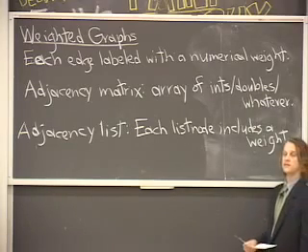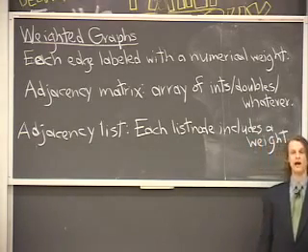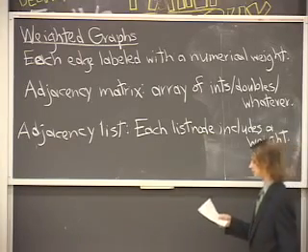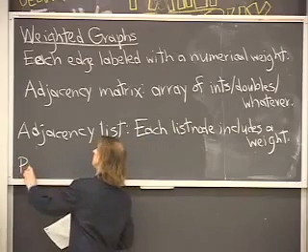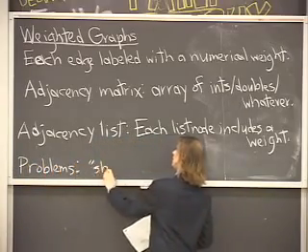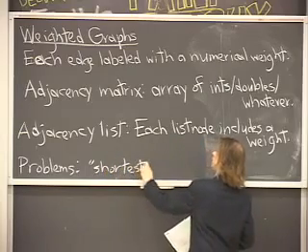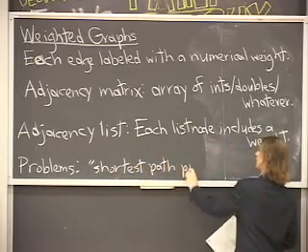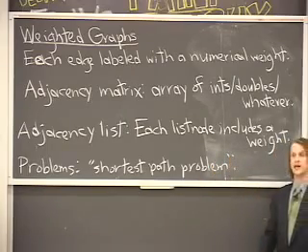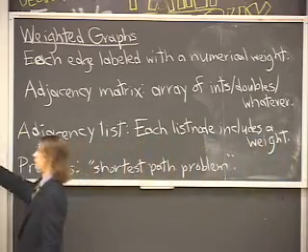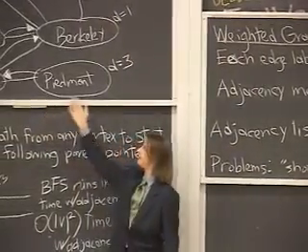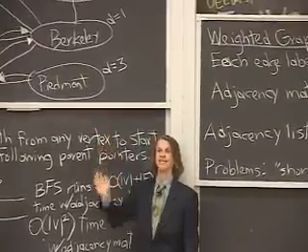Now, there's lots and lots of different problems you can study on weighted graphs. And if you take CS170, you'll study a bunch of them. Two of the most common problems are what are called the shortest path problem. We actually just studied a very simple version of the shortest path problem, when the weight of every edge is 1, and you just want to find the path with the fewest edges in it.